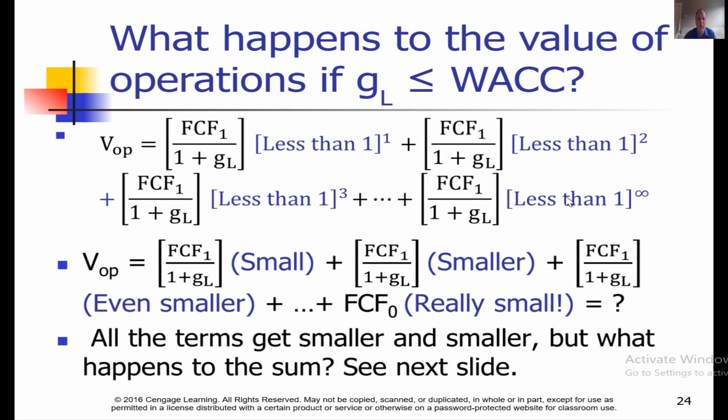But if the long-term constant growth rate is less than WACC, then our term here, 1 plus the growth rate over 1 plus WACC, is less than 1. For example, 1/2, 1/4, etc. Each term gets smaller, and then you get the convergence of a geometric series.